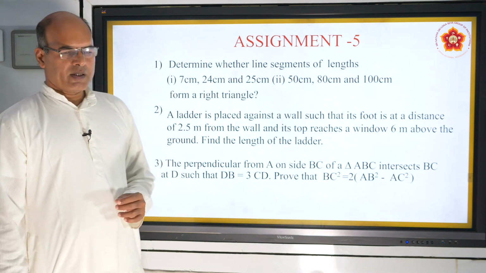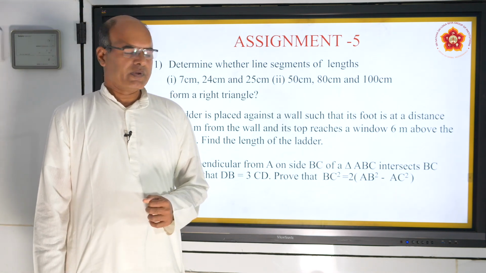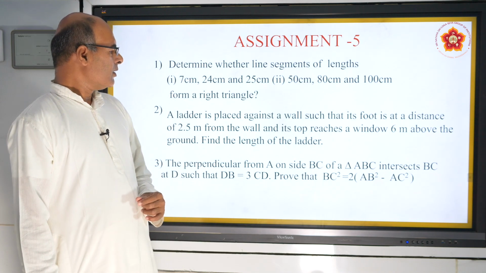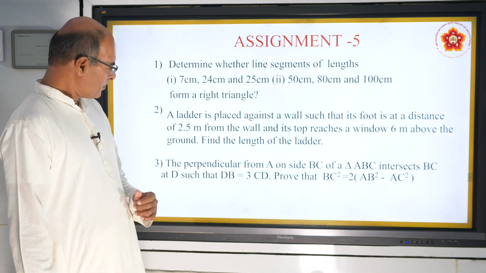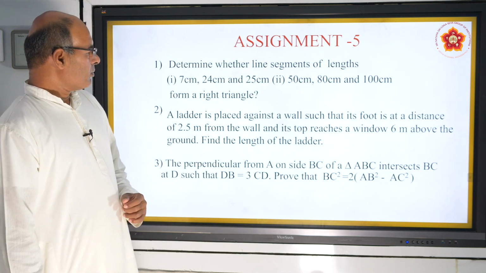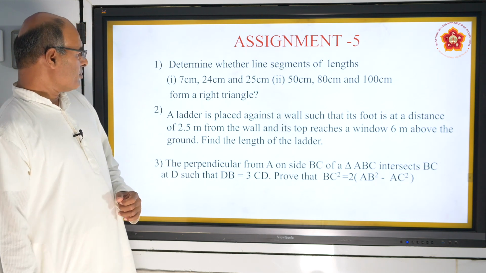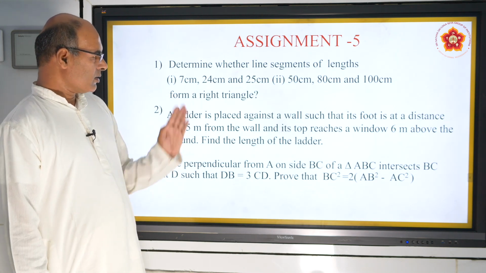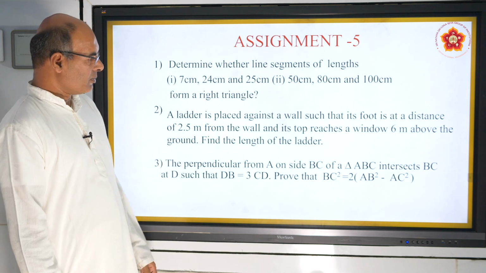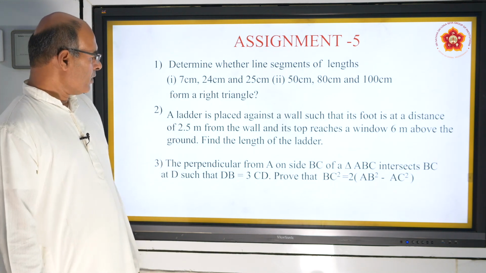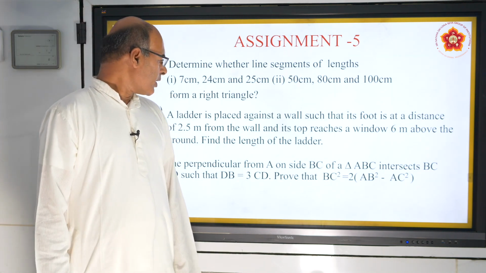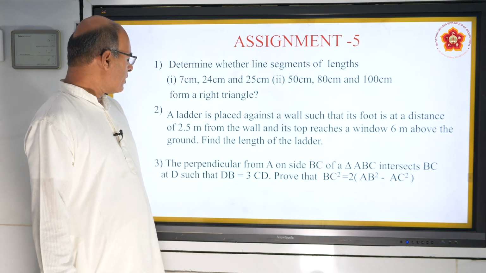So this is the assignment for this video. Determine whether the line segments of length 7 cm, 24 cm and 25 cm, that is one question, and another question, 50 cm, 80 cm and 100 cm, form a right triangle.